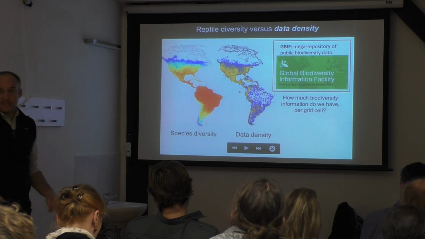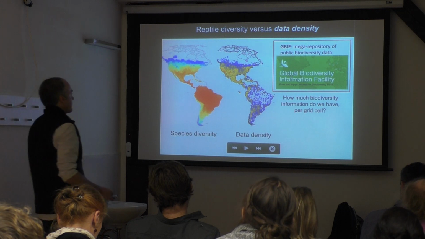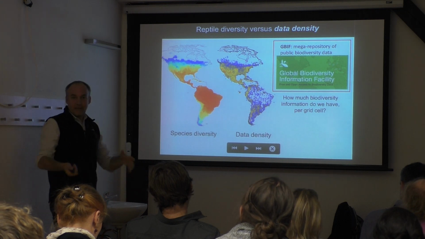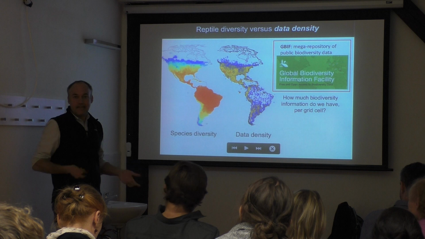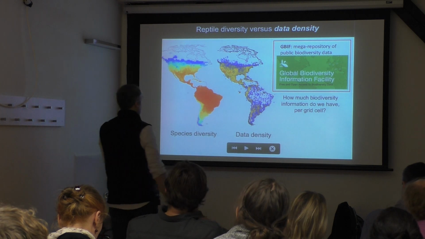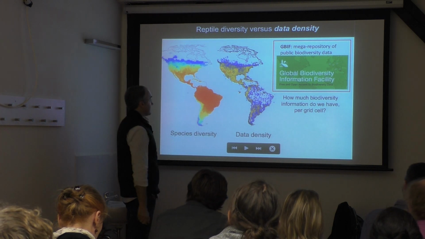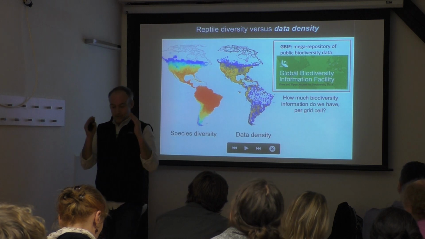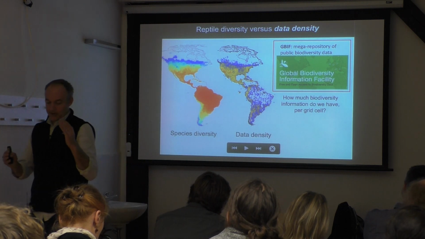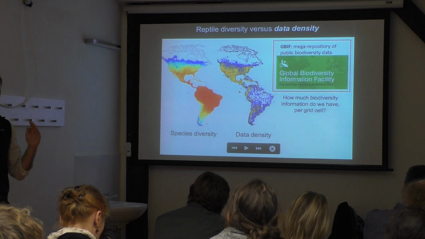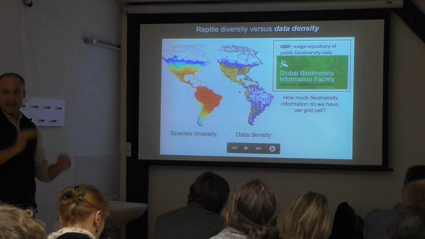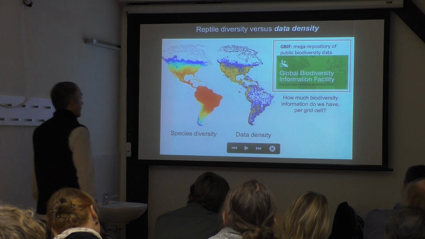Now, one of the reasons I think we need to collect lots of field data, getting back to my general point about whether we have enough data to actually answer some of the questions we would like to answer, is this. This is looking at the relationship between species diversity on a grid cell basis and the number of georeferenced records sitting out there in GBIF that we can actually do something with.